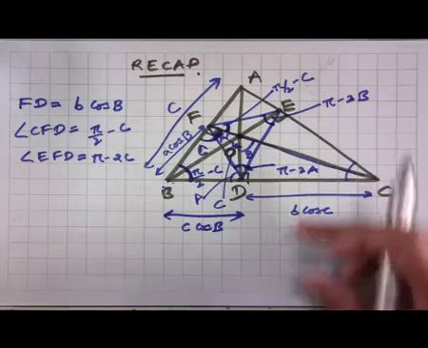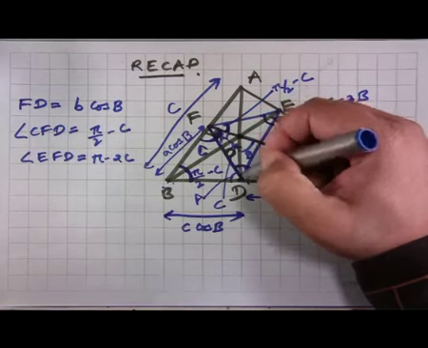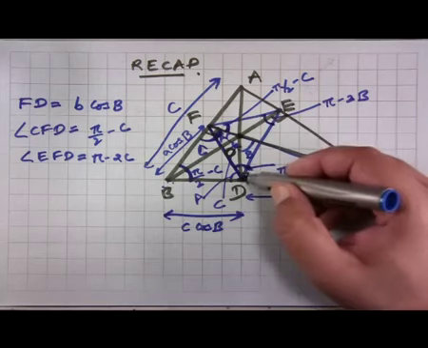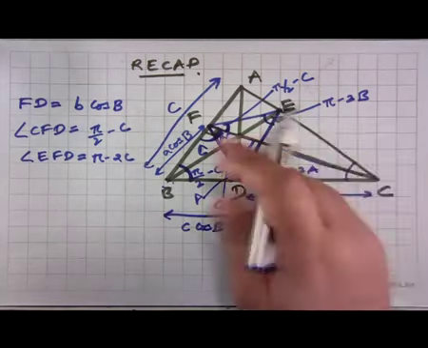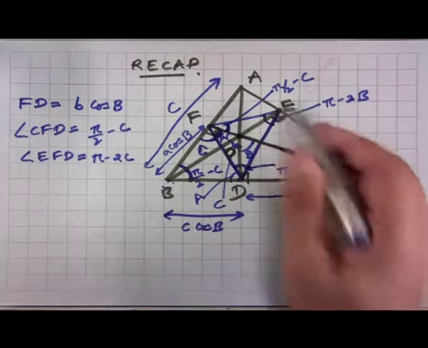And similarly, for the sides, we had already found the length of this side FD to be equal to B cos B, this other side DE will be equal to C cos C, and this side FE will have a length of A cos A.